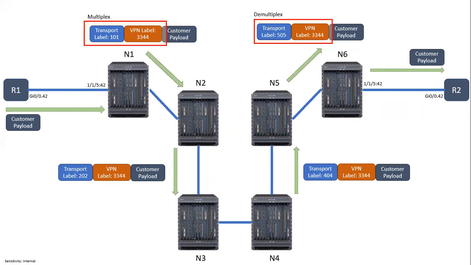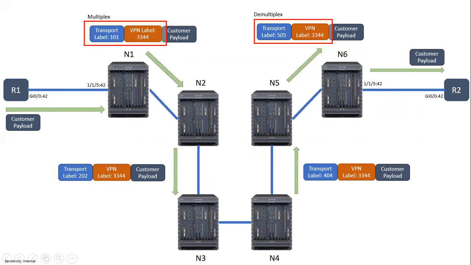But then based on the egress label edge router, that datagram is going to be further multiplexed or label stacked with a transport label. And then forwarded out our egress interface. And that datagram is then going to be label switched all the way to our egress label edge router, where the service or VPN label is going to be read, and that packet is going to be processed and egressed out the appropriate set.